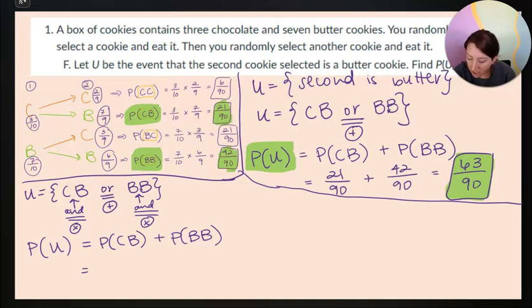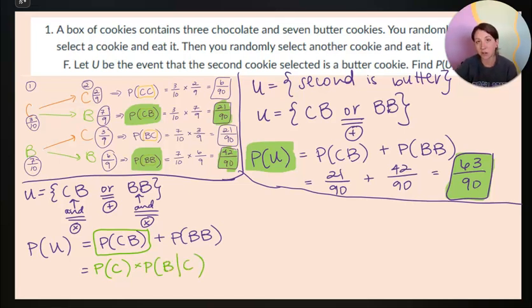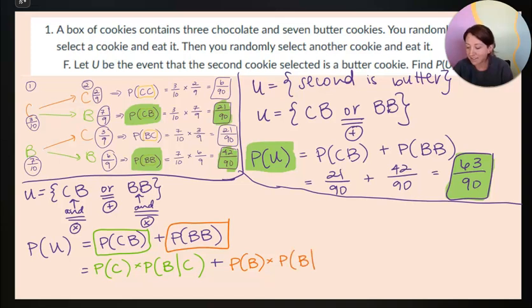The probability of this one here is actually the probability that we have chocolate first times the probability that we have butter second, given we ate chocolate already. Then we need to add this, which would be the probability that we have butter on the first times the probability that we have butter on the second, given that we had a butter on the first cookie.